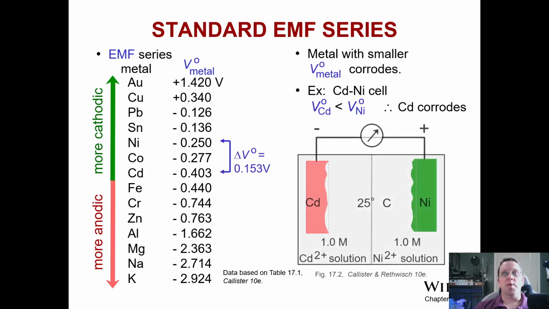So we see some corrosion happen when there is a galvanic pairing, meaning there's a difference between the two. Nickel cadmium, in this example, is a common pairing for batteries for this very reason. You can have a small voltage difference between the two, in this case about 0.15 volts for their standard potentials. So in an ideal scenario, you can have solutions of both the cadmium and the nickel with the second state ion, so 2+, at 25 degrees, room temperature, and it is naturally going to cause a current.